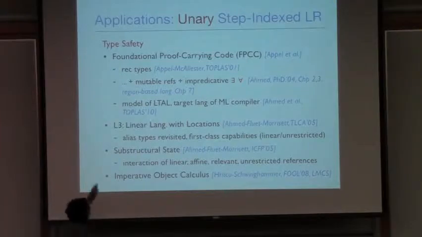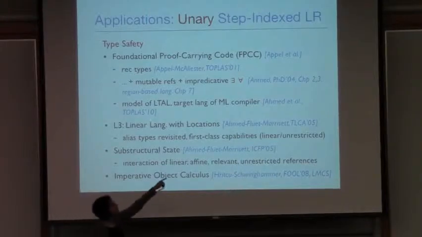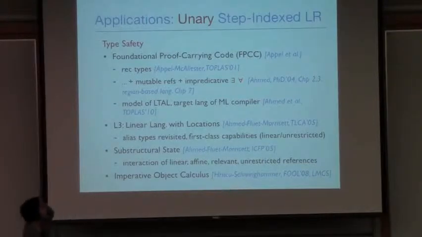And then if you're interested in substructural types, linear types, and so on, you can look at some of this work that Matthew Fluet and Greg Morrisett and I did on doing type safety when you have linearity and affine types and so on.